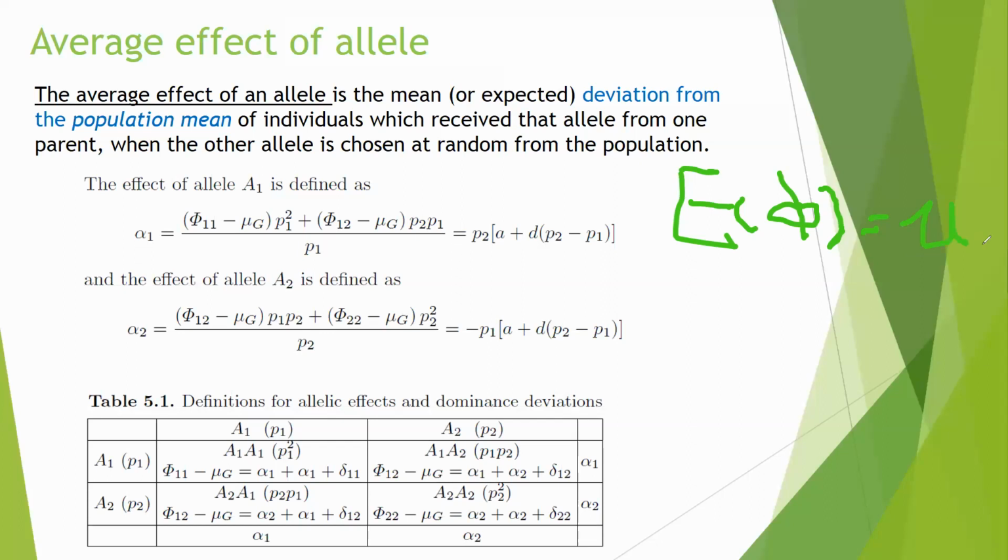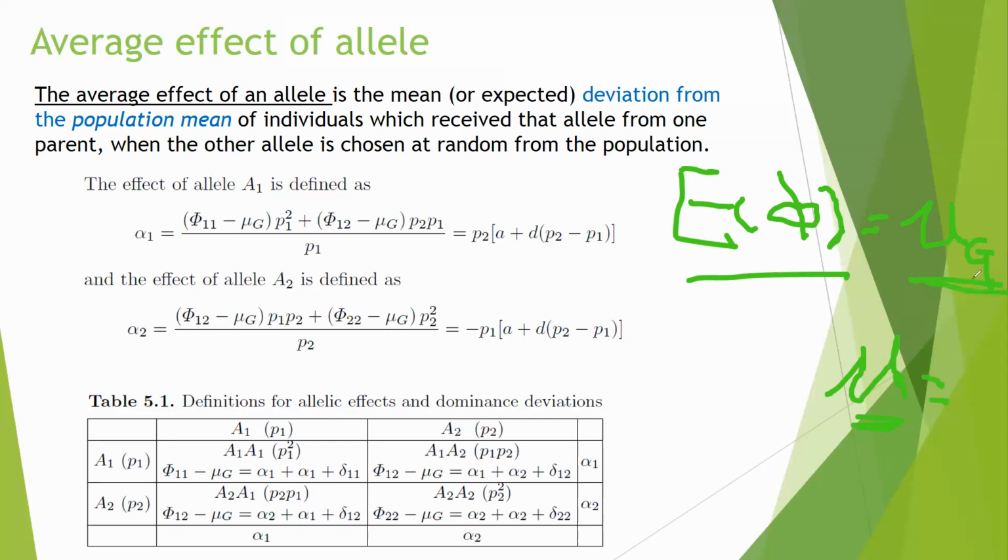Mu without g means the midpoint, but mu g means the expected genotypic value. So this is another confusing point. Maybe in the next edition of this book we need to use some other notation for the midpoint. But unfortunately in this book, we use the same mu to represent different things. But mu without anything is the midpoint.